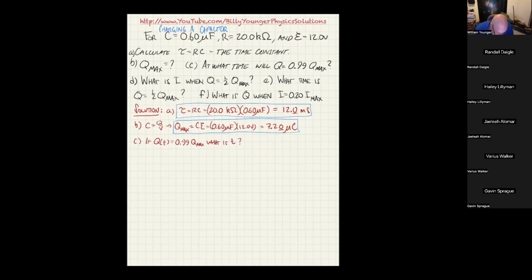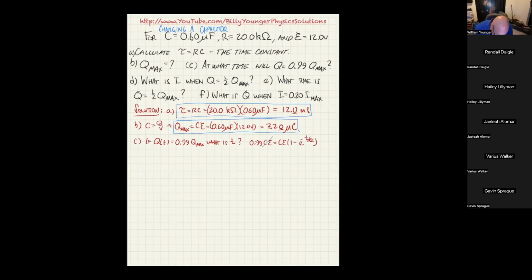That's really what we're asking here. So in this case, remember the Q equation is what we're employing. So I'm going to write down 0.99 times C times E is equal to C times E times 1 minus e to the negative T over RC.